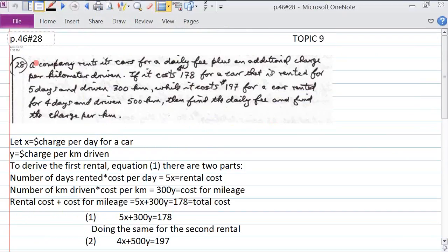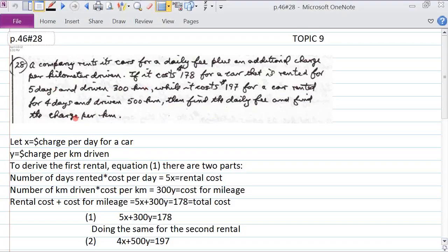So here on number 28, we're told that a company rents its car for a daily fee plus an additional charge per kilometer driven. So what we don't know is what the charge is for each day and what the charge is for each kilometer.